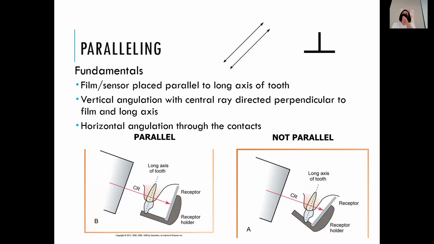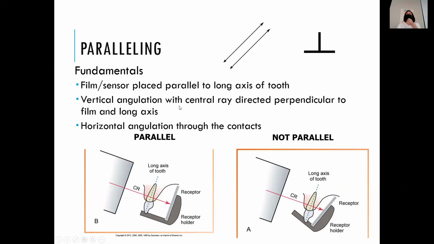The vertical angulation with the central ray. The central ray would be, when you have your primary beam coming out of the BID, the straightest one. It's going to be hurtling right at the target of what you want, and that central ray is going to hit at a right angle with your film.